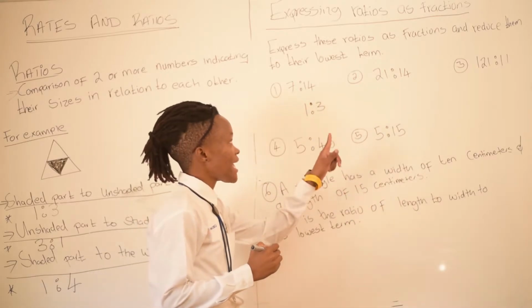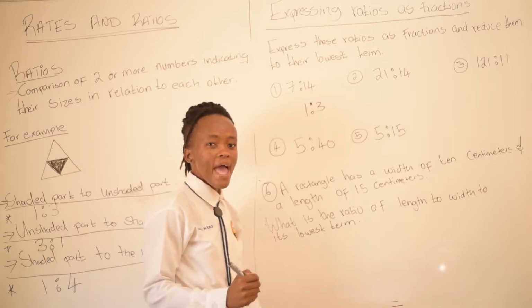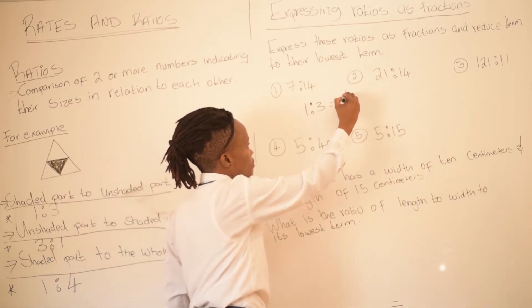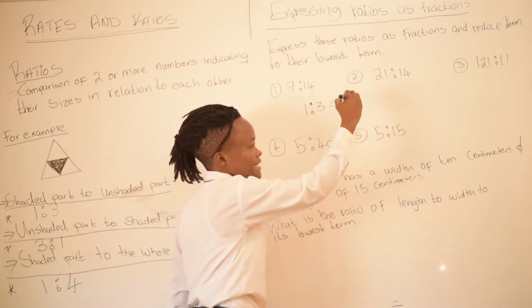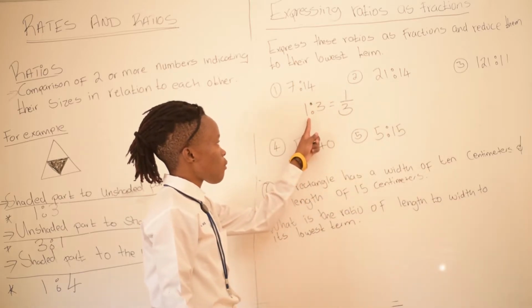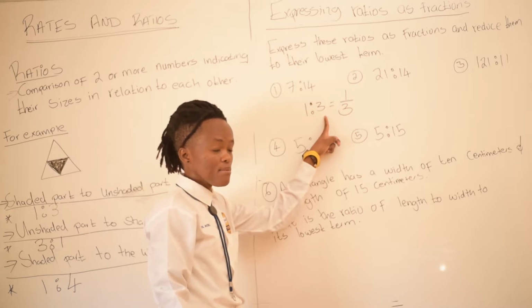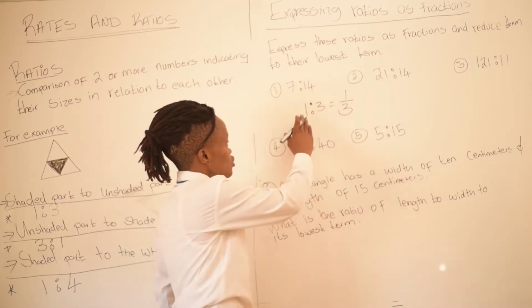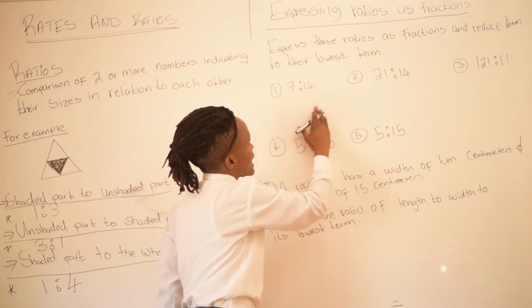And then the question says express this ratio as a fraction. So what we do is our answer will become 1/3. So the ratio of 1:3 is the same as 1/3. So let's do the following example.